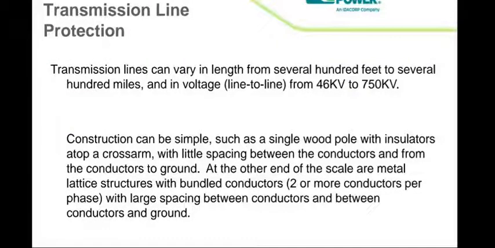Transmission lines, as you know, can be short, medium, or long. And they can be low voltage, medium voltage, and high voltage. Based on this, protection mechanisms will be different.